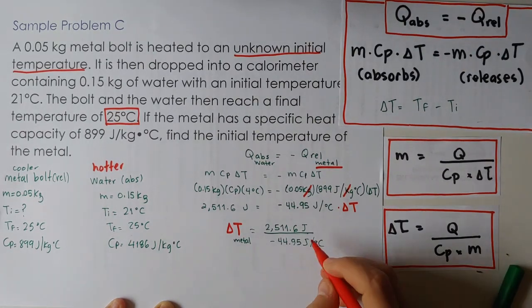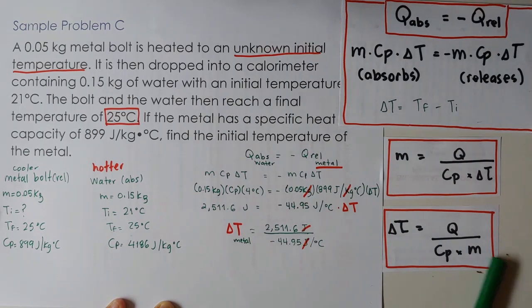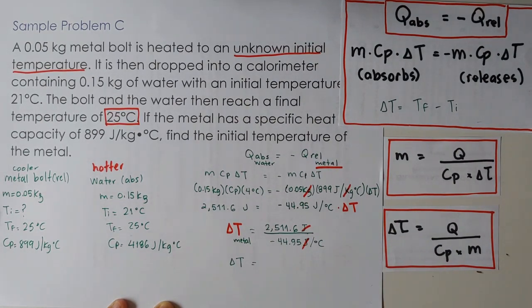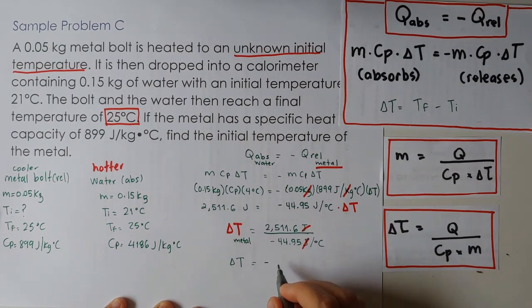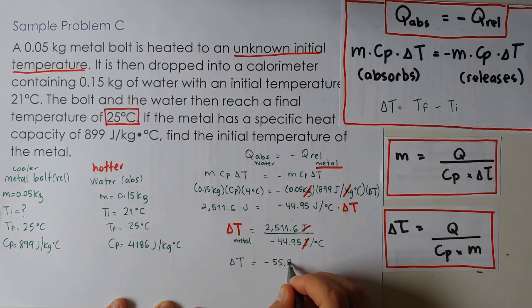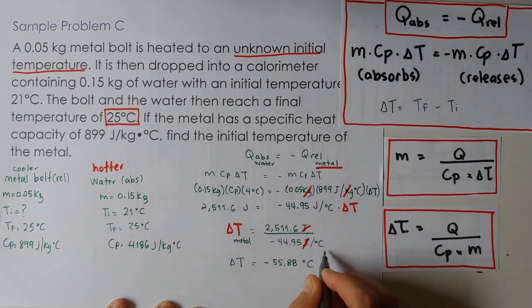Here joules and joules are going to be cancelled, and delta T is gonna be negative, and it gives me negative 55.88 degrees Celsius.